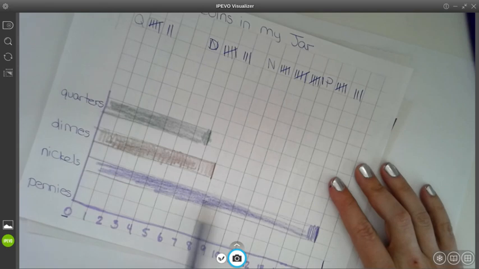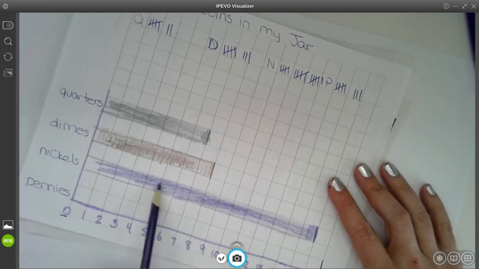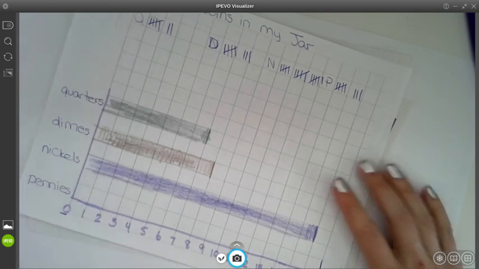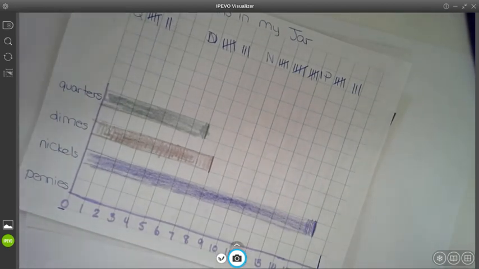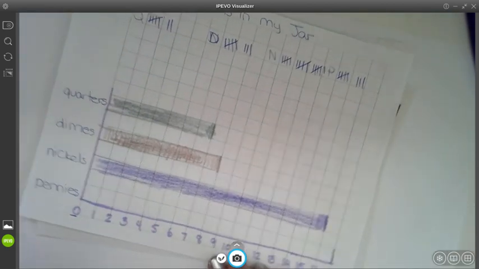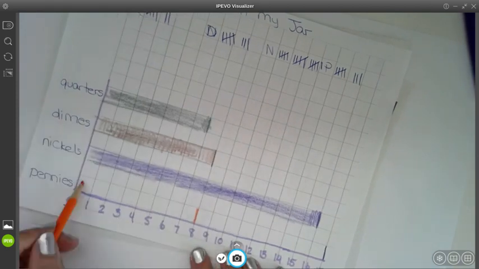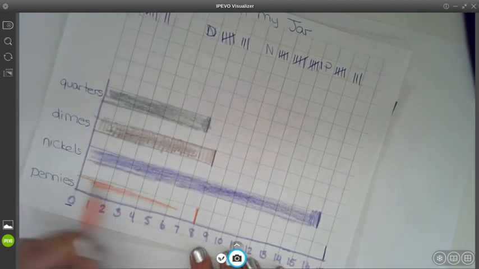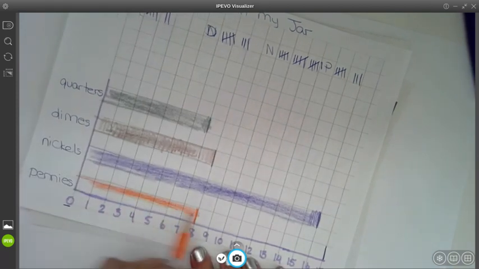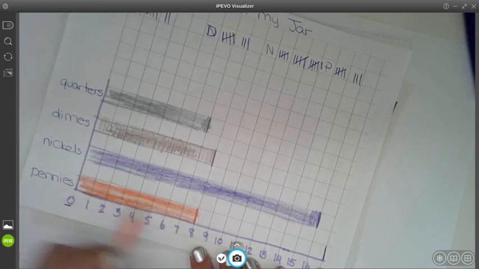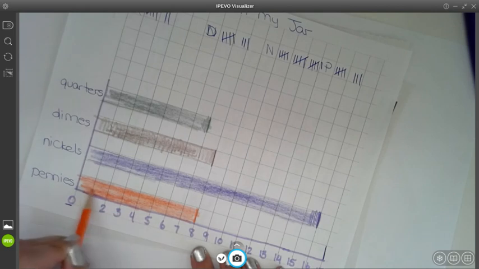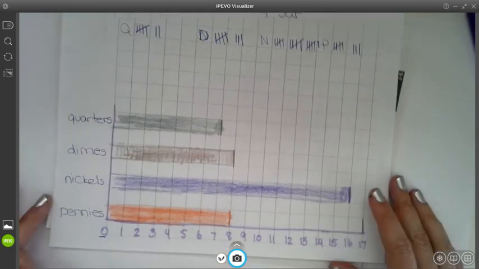Okay. And when we're working today, you can find different ways to extend and different ways to be thinking about the data that you have. There are going to be questions in your math book that help you think about the coins and reading the data and reading your graphs. I also want you to explore some other options. This could be a fun activity to do with your family or your siblings.